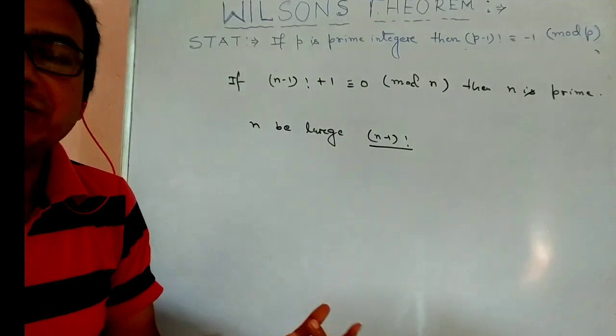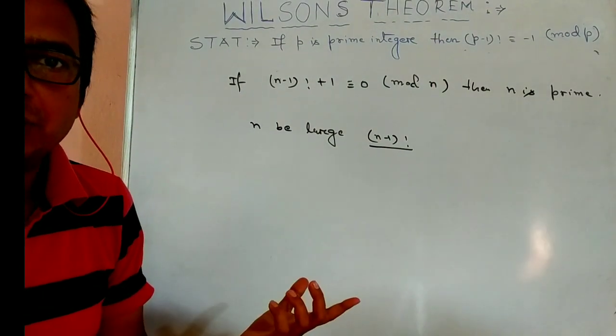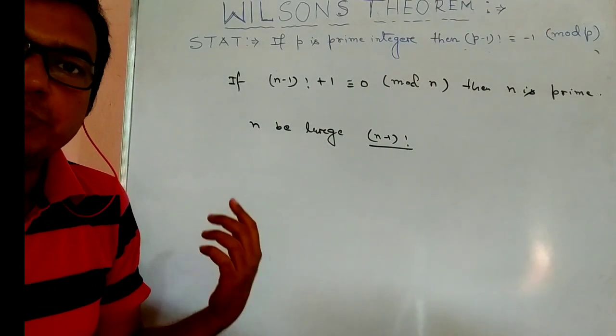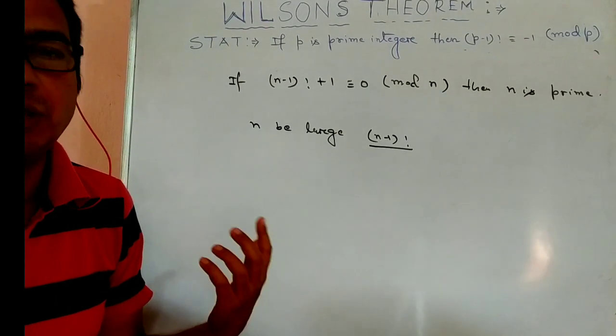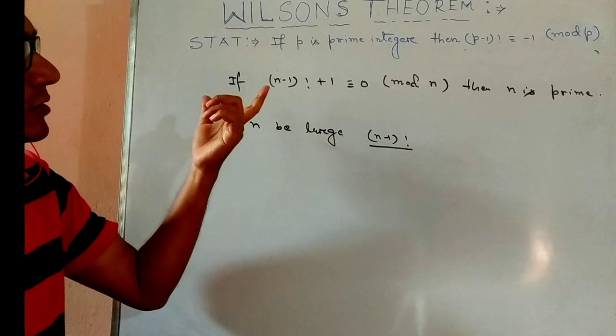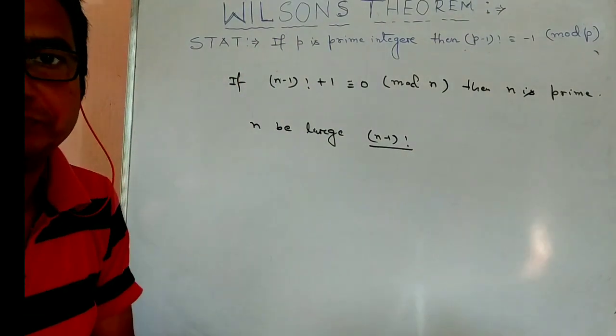So testing whether a large number is prime or not is very laborious by Wilson's theorem.